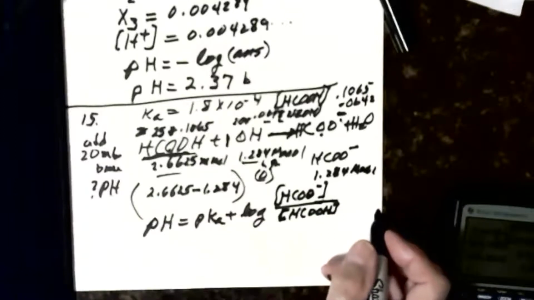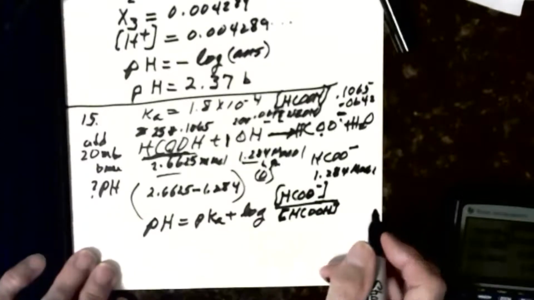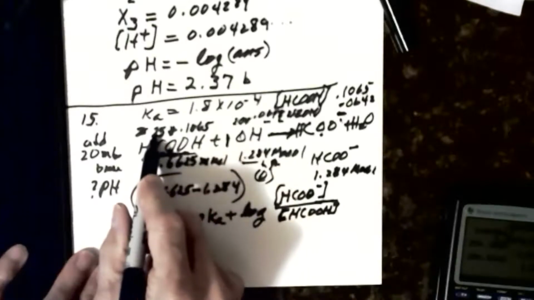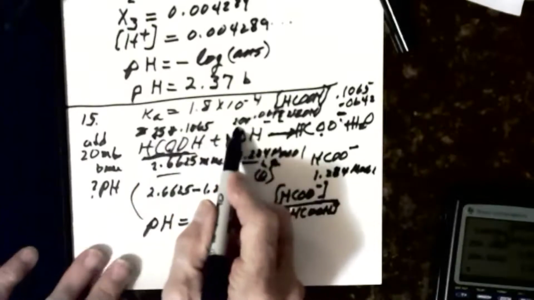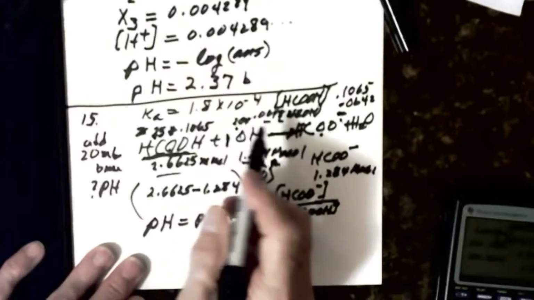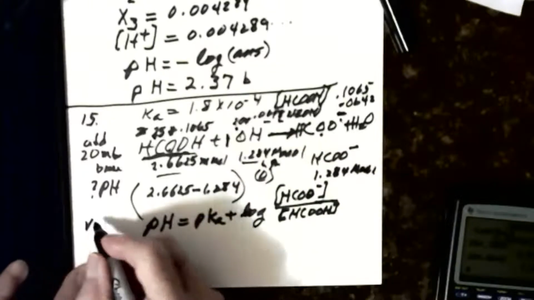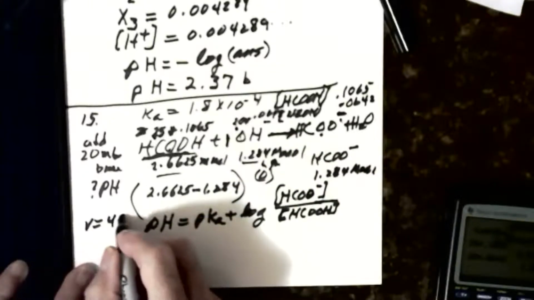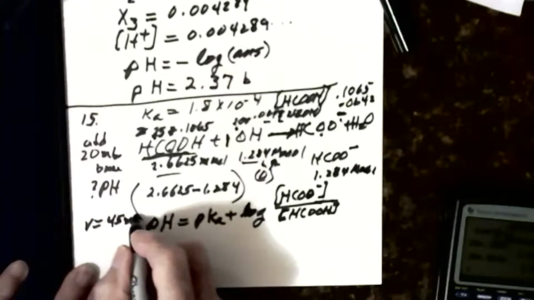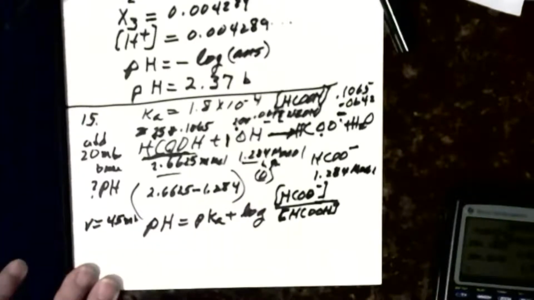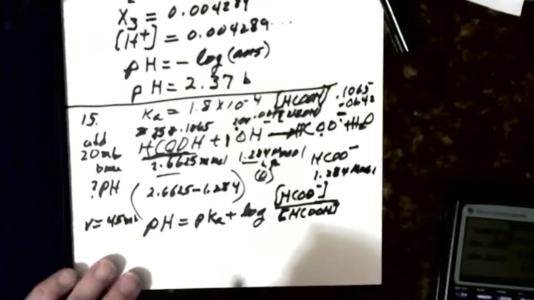Now, we've had 25 milliliters of the acid, and we added 20 milliliters of the base, so the total volume right now is 45 milliliters. We're going to take that into account, but right now I want to just show you the setup.